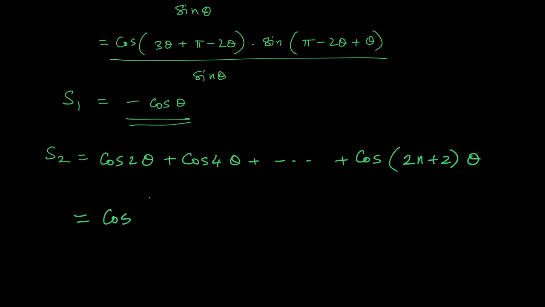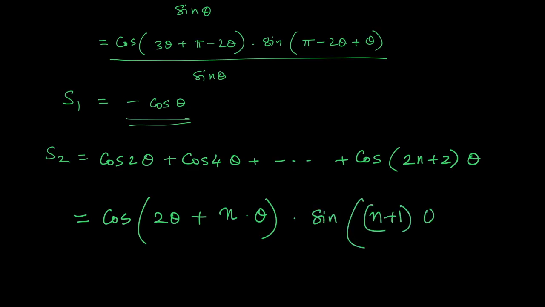It is going to be cos of a plus n minus 1 d by 2 into sine of n d by 2, divided by sine of d by 2. In this case n d by 2 is going to be n plus 1 theta, and d by 2 is theta.